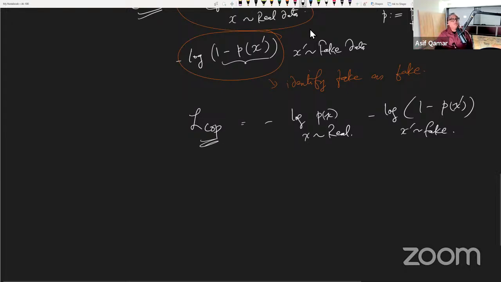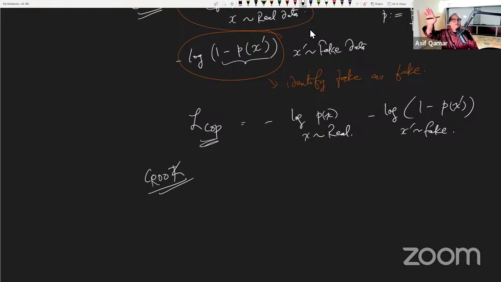Now, what about the counterfeiter? Let me just use the word crook, because I don't want to keep writing counterfeiter over and over again. Now, what about the crook? The crook wants to fool the cop. Remember, that is the goal of the crook.